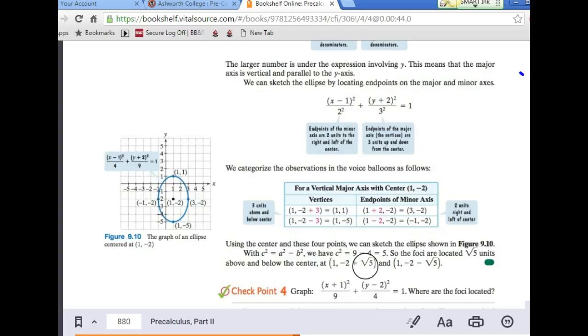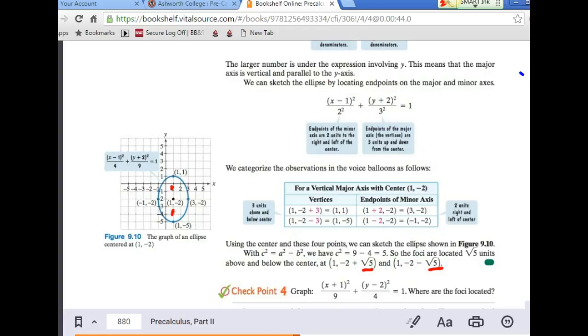And even though those look a little strange, those are your foci. And they would be located somewhere in there and in there, equidistant from the center.